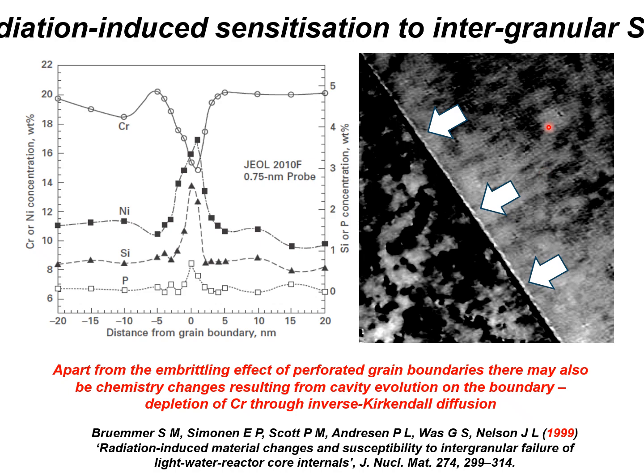You'll also get helium bubbles in the matrix, but if you have a sink where the helium is captured, what happens is then the vacancies that are floating around in the matrix will preferentially be absorbed by the helium. These helium bubbles will grow because there's a reduction in energy, in the surface energy, by allowing vacancies to be absorbed by the helium bubbles.